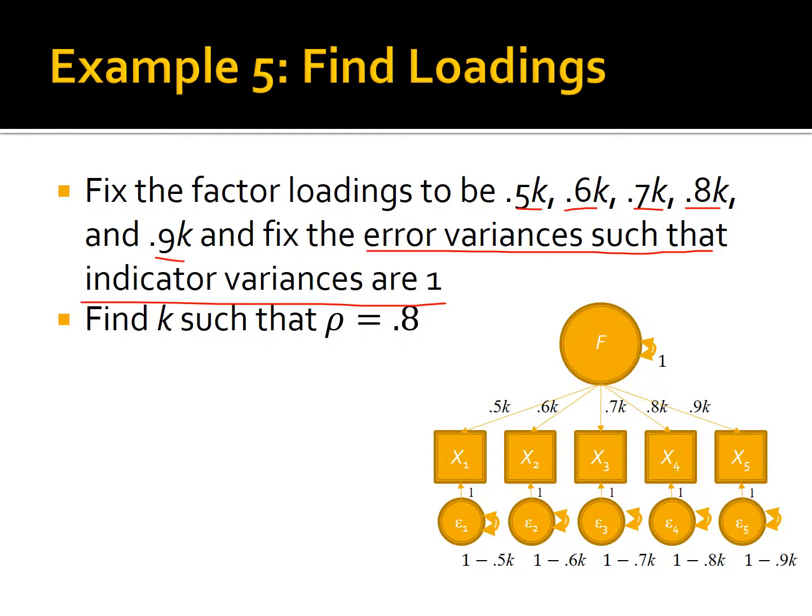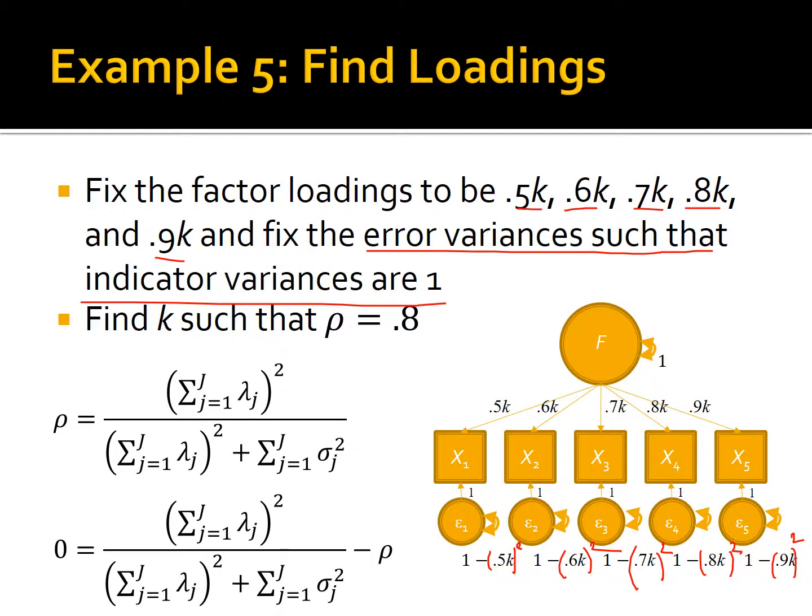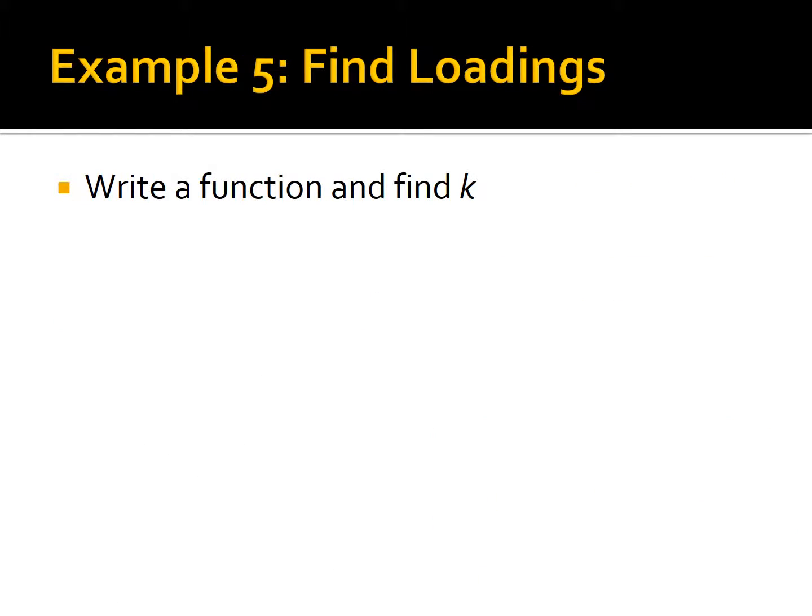So this is the factor analysis model, and you see that 0.5k, oh, this is supposed to have the square, sorry, square and square, to make sure that the indicator variances are 1. And then I got this. So this is a reliability formula from the previous lecture. And I need to isolate 0 on the left hand side.